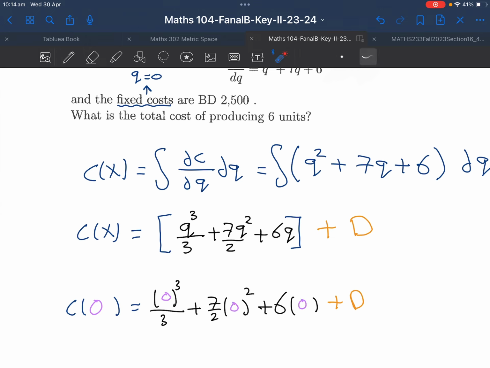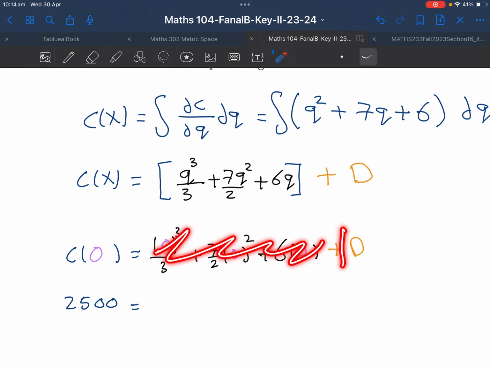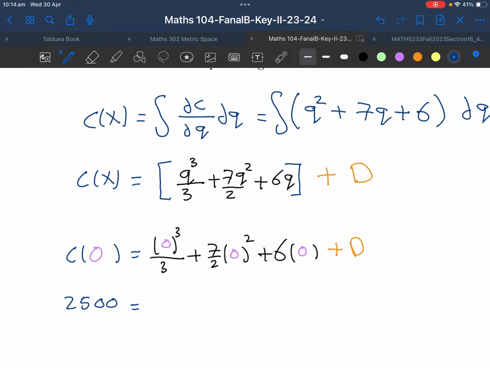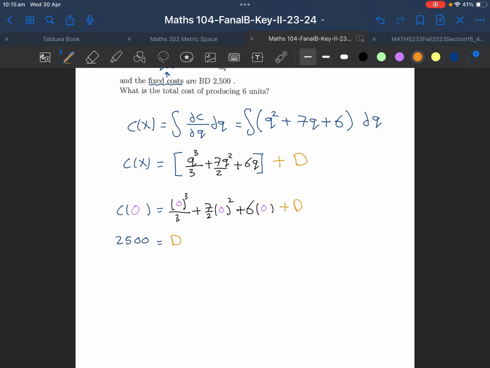Because it's given to me that when you substitute 0, you should get 2,500. So now I know that if I substitute 0, this should be 2500. Now 0 cubed is 0, 0 squared is 0, 6 times 0 is 0. So all of these are 0. The only number we get here is this d. And that's what we get here.